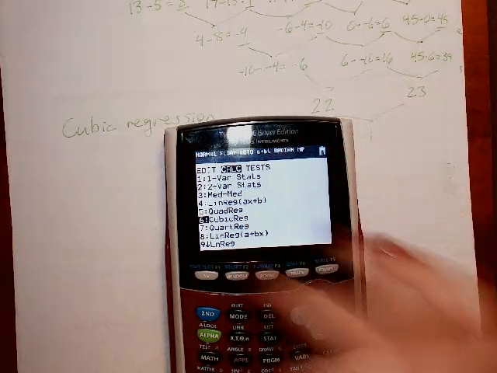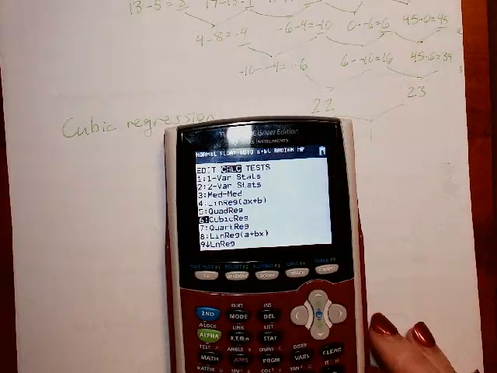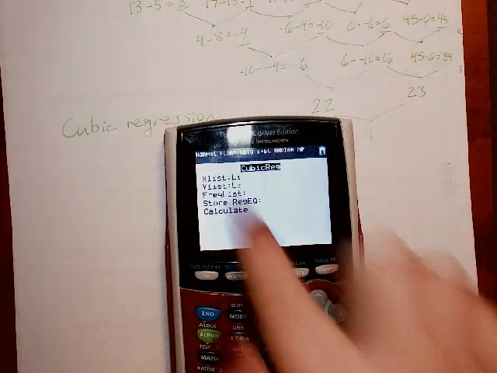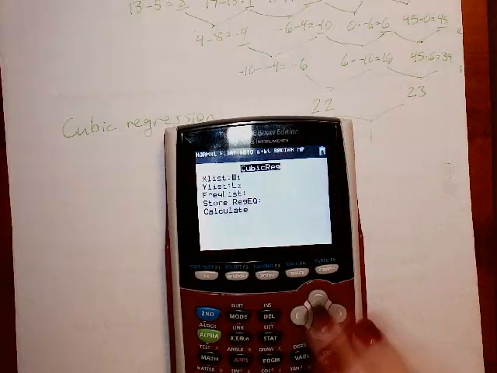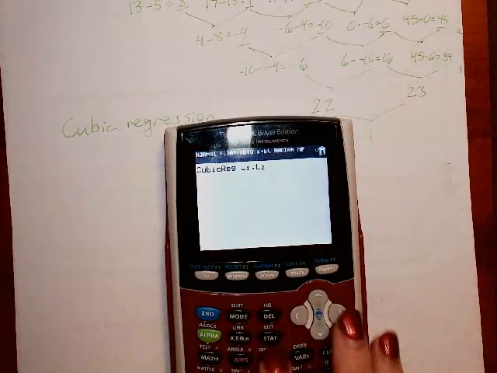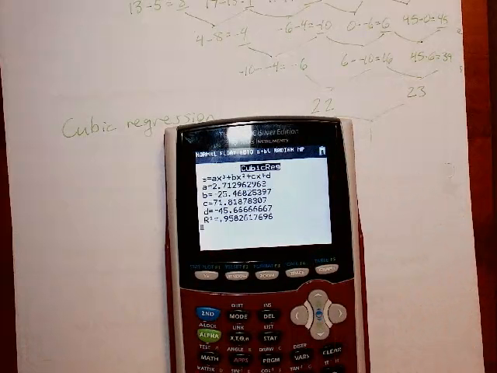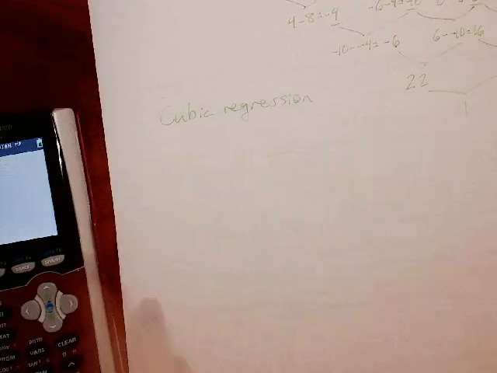Okay, so now we put all of our x values into L1, we put all of our y values into L2. So then we go down to calculate, and we get y equals, now we substitute our numbers here in for a, b, c, and d.